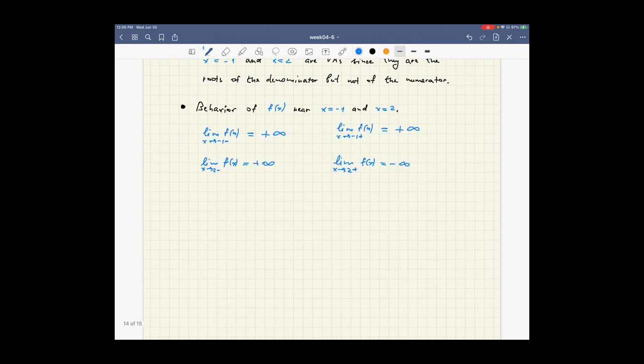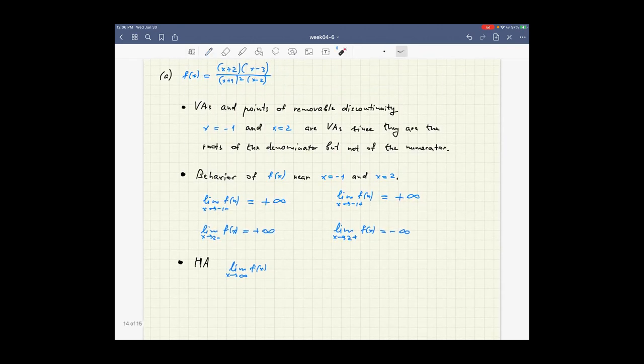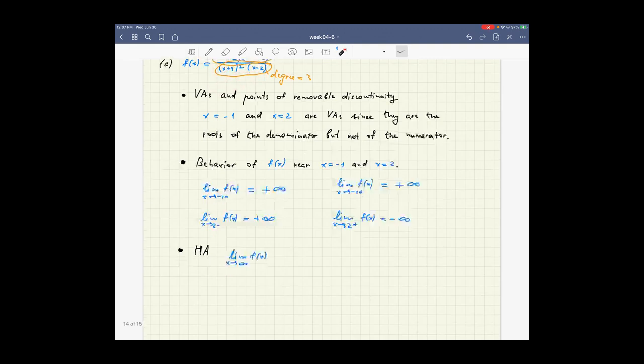Now, how about horizontal asymptotes? Specifically for the horizontal asymptote, we compute the limit of f at infinity. And to do that, we know that the degree of the numerator is 2. It's a quadratic polynomial. And the degree of the denominator is 3. It's a cubic polynomial. When you expand the square, it'll be x squared. And when you multiply this by this x, it'll be x cubed in the denominator.